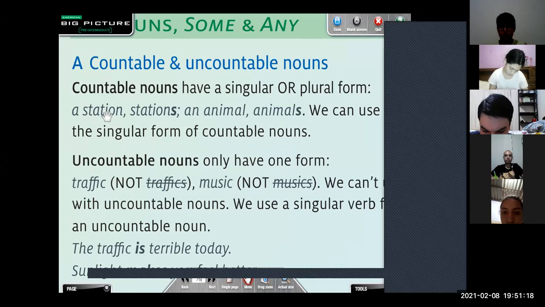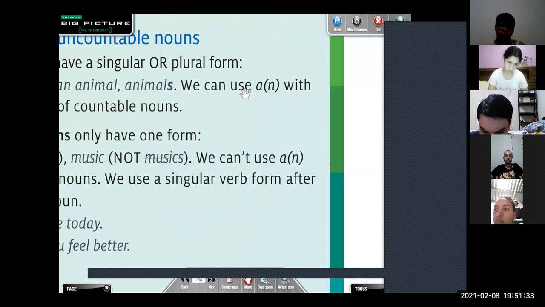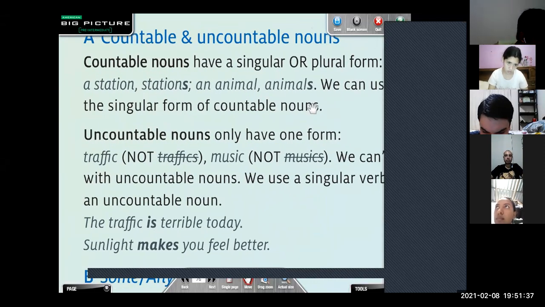For example, we can say a station or we can say stations, an animal or animals. We can use a or an with the singular form of the countable nouns.